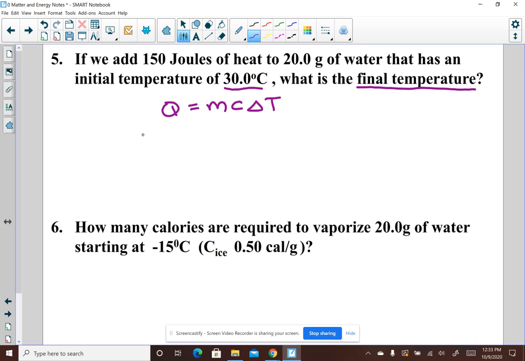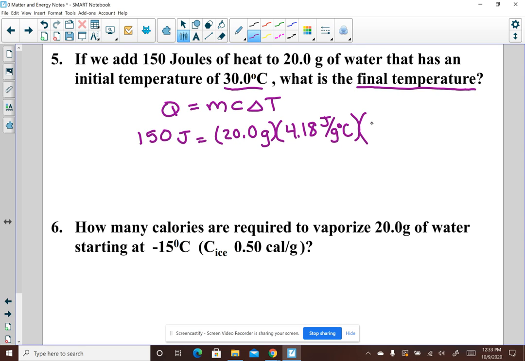So again, we're just going to go and plug in what we're given. So heat is 150 joules. Mass is 20 grams. Specific heat, if the heat is in joules, the specific heat needs to be in joules. Okay, now delta T, when you subtract those two numbers, you should be doing final minus initial.